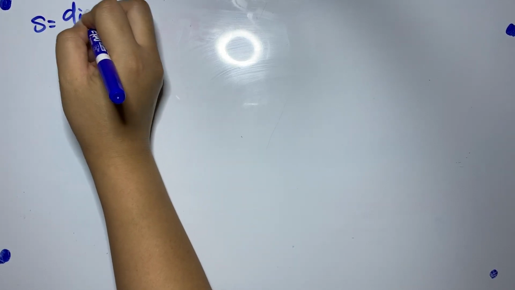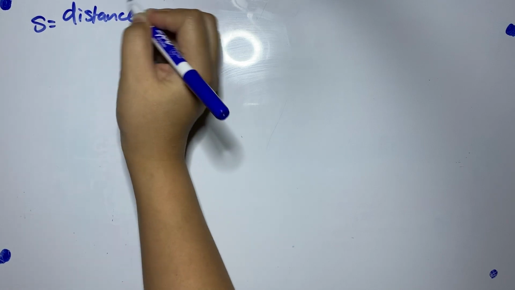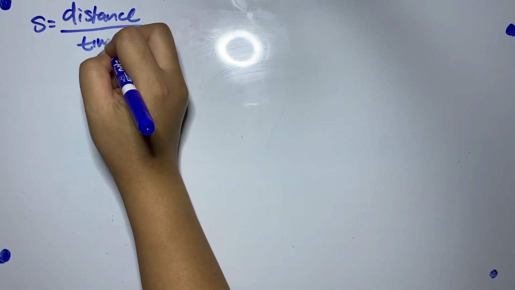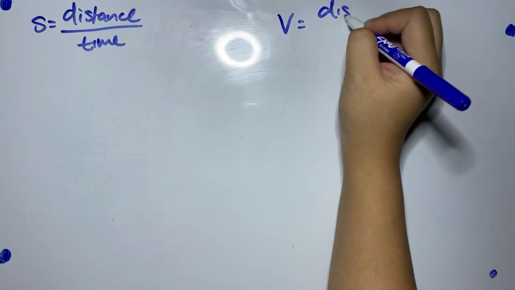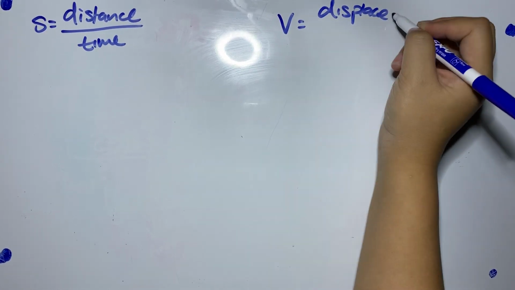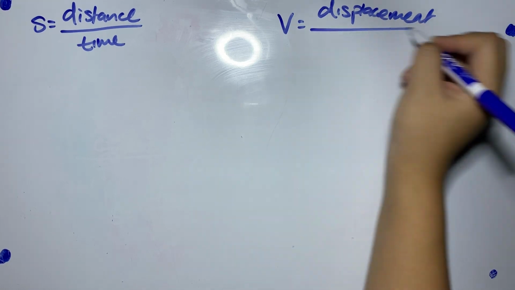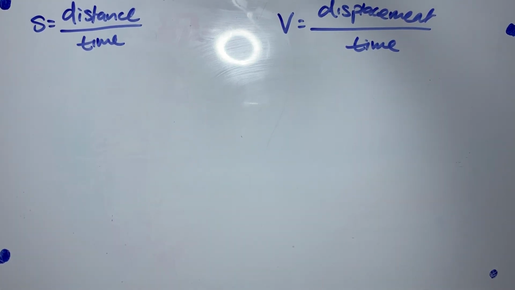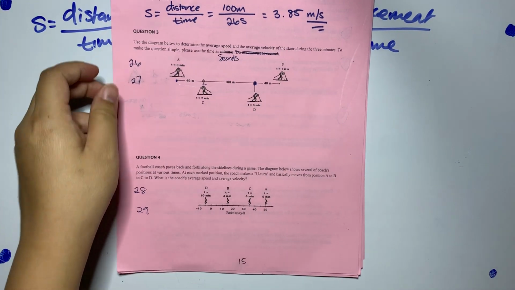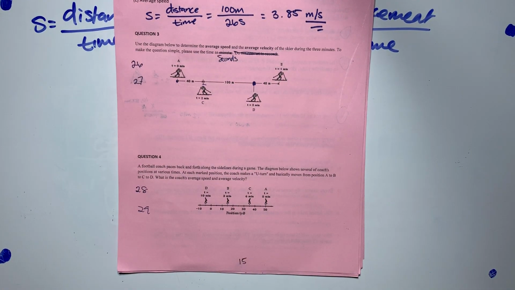Same thing: speed is equal to distance divided by time, and velocity is equal to displacement divided by your time. Alright, number 4.